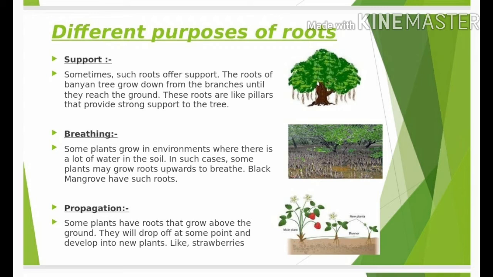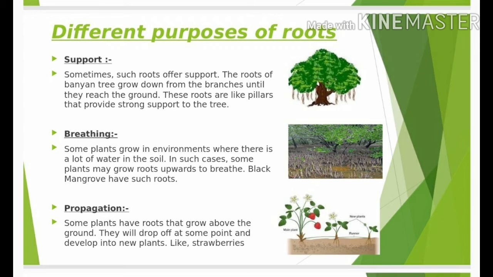Sometimes roots offer support. The roots of the banyan tree grow down from the branches until they reach the ground. These roots are like pillars. They provide strong support to the tree. Roots of the banyan tree look like hanging branches.